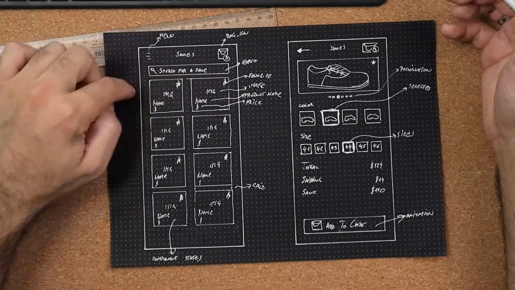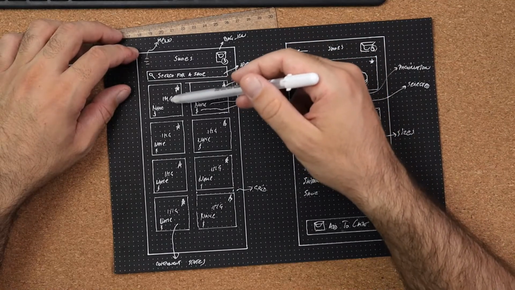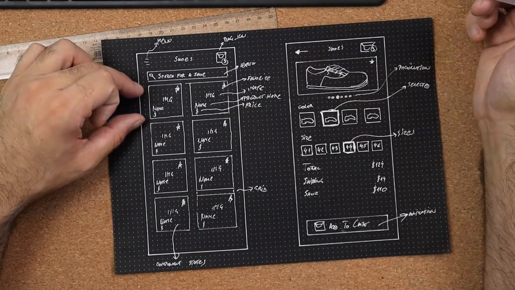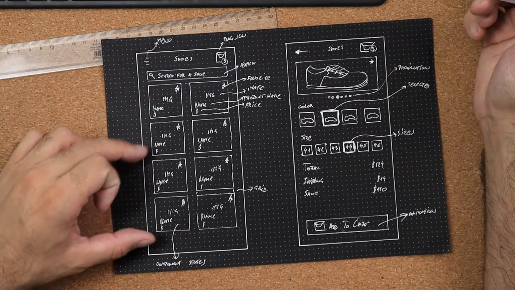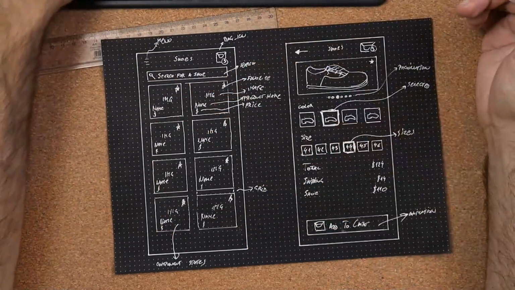So for this layout, I'm thinking I can create this box with the star for the rating, with the image placeholder, with the name and with the price, and then I can create a component. I can put it inside of a stack, I can duplicate that stack, and then I can reorganize them around in different ways. So I like to work like that. I like to do all of these things and plan up front.